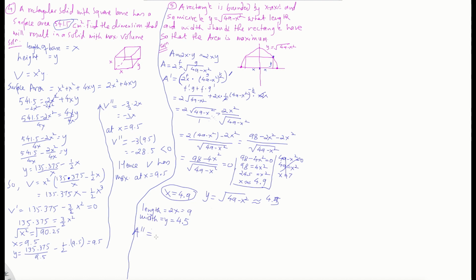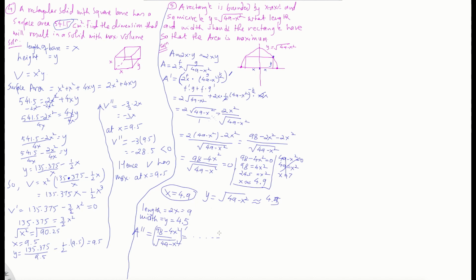So you get 98 minus 4x squared divided by the square root of 49 minus x squared. You need to use the quotient rule for that. If you use the quotient rule and find the second derivative, how would that look?